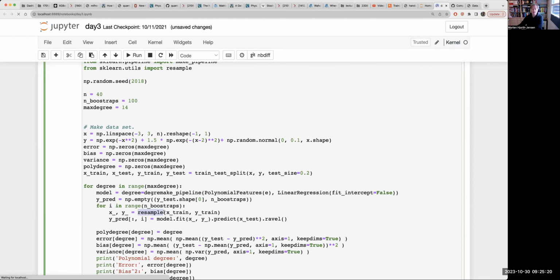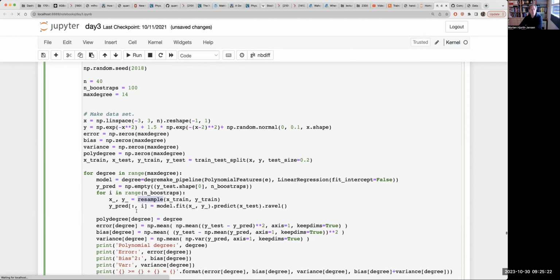Then, in every case, what I'm doing next is simply to take my prediction and make a model fit. And then I have my test, which is given here. That means I make a prediction for every single X and Y, and that prediction is based on the test set, which is untouched by the bootstrapping.